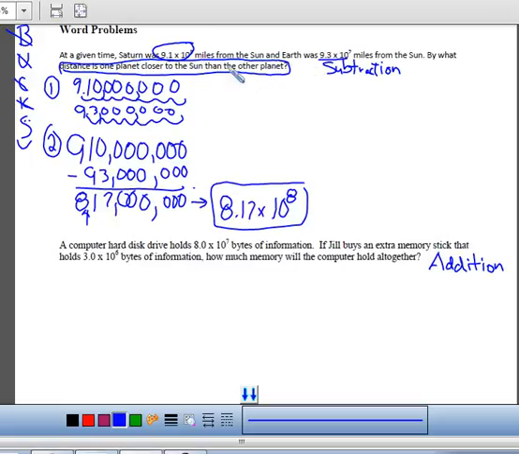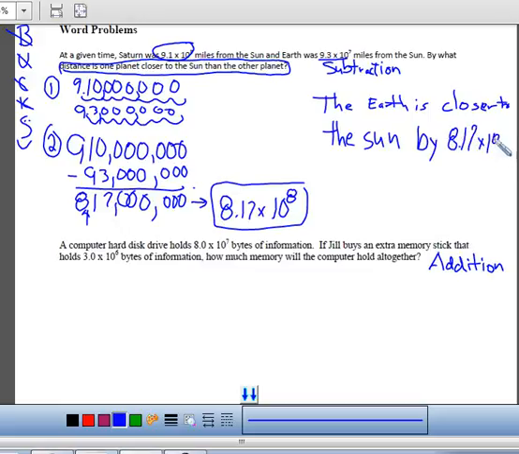Well, Earth is obviously closer because it's a smaller number, so the Earth is closer to the sun by 8.17 times 10 to the 8th miles than Saturn. Period. Alright, so there's my final answer in a sentence.